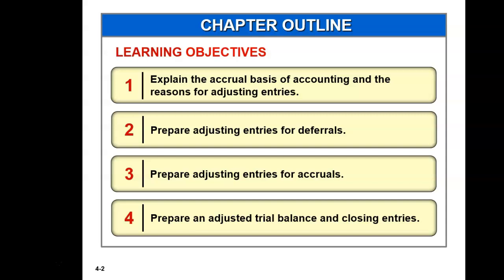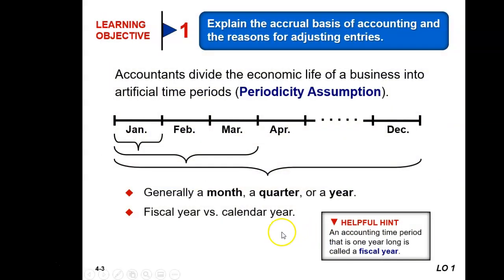We'll then look at different types of adjusting entries for what we call deferrals and for what's known as accruals. We'll also look at preparing what's called an adjusted trial balance as well as what's known as closing entries. Okay.